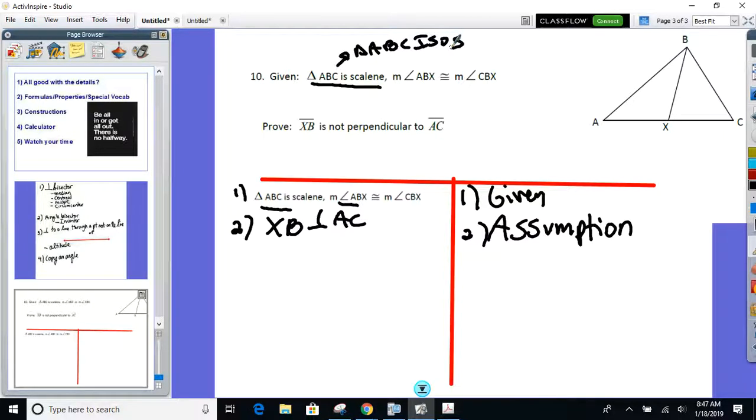We were given that the two angles are congruent, ABX and CBX, and I can't stress this enough, use your assumption as a given. So those perpendicular lines form right angles. The first thing I can say here is that angle BXA and angle BXC are right angles.